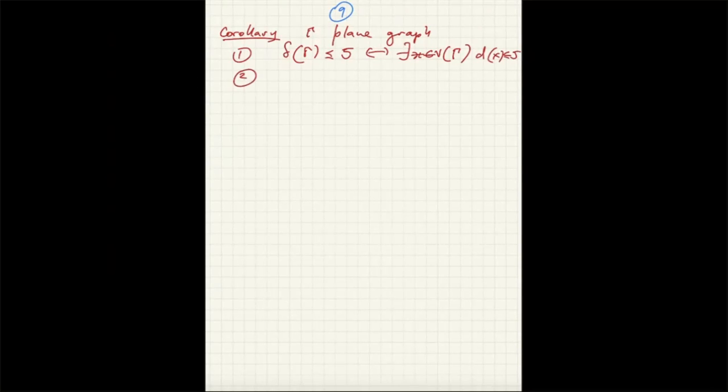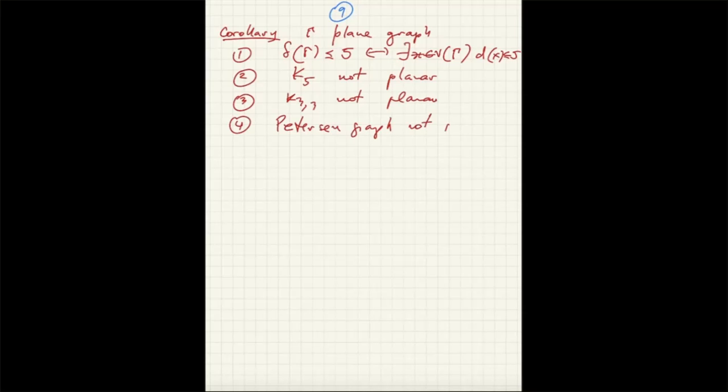And you can prove other things, like K5, the complete graph on 5 vertices, is not planar, K3,3 is not planar, or the Petersen graph is not planar. Some other similar results.